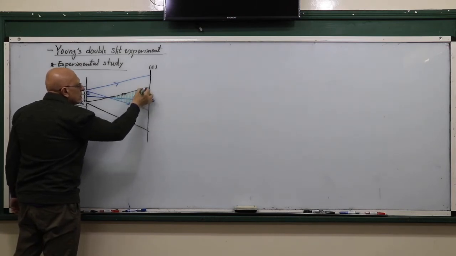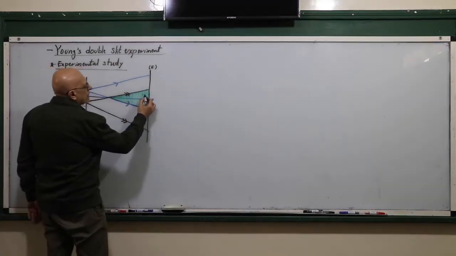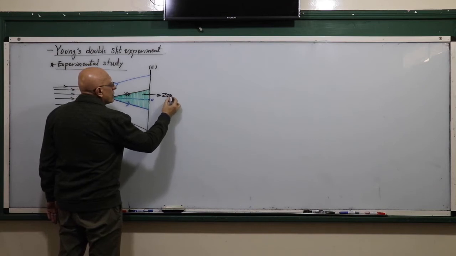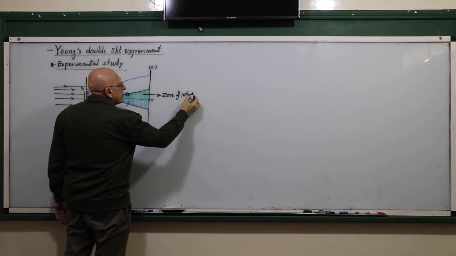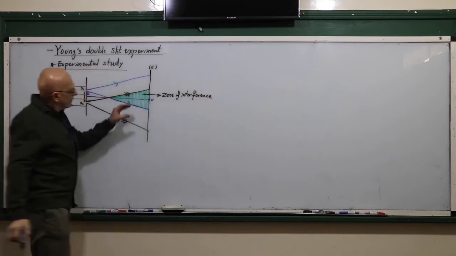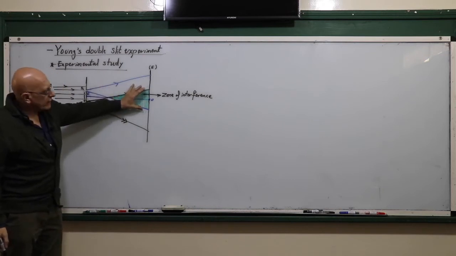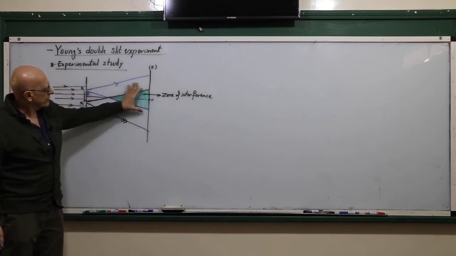This is called the zone of interference. Where the two waves superpose together is called the zone of interference, okay?